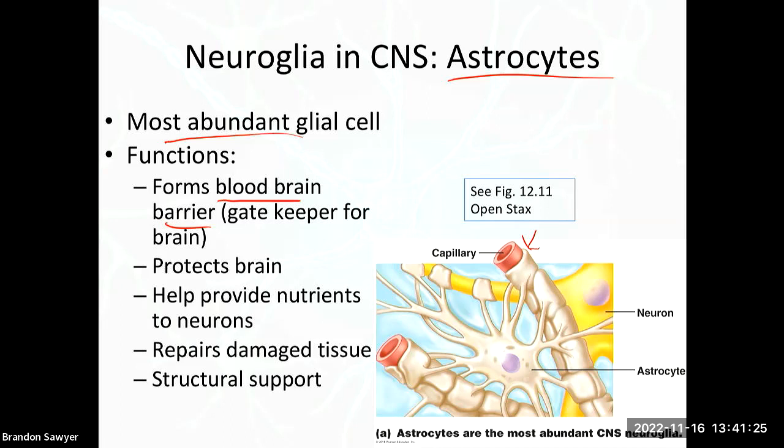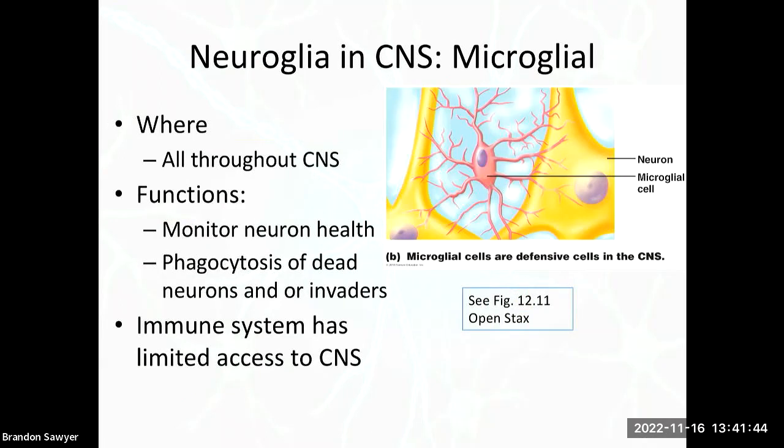They also help bring nutrients out of the bloodstream to the neurons. They also help with repairing neurons. And just by the way that they connect to neurons and capillaries, they help support neurons and give them structural support too. Okay, so that's astrocytes. And then we've got microglial cells. We find them in the CNS as well. These are important for monitoring neuron health, but they are really the immune system of the central nervous system.